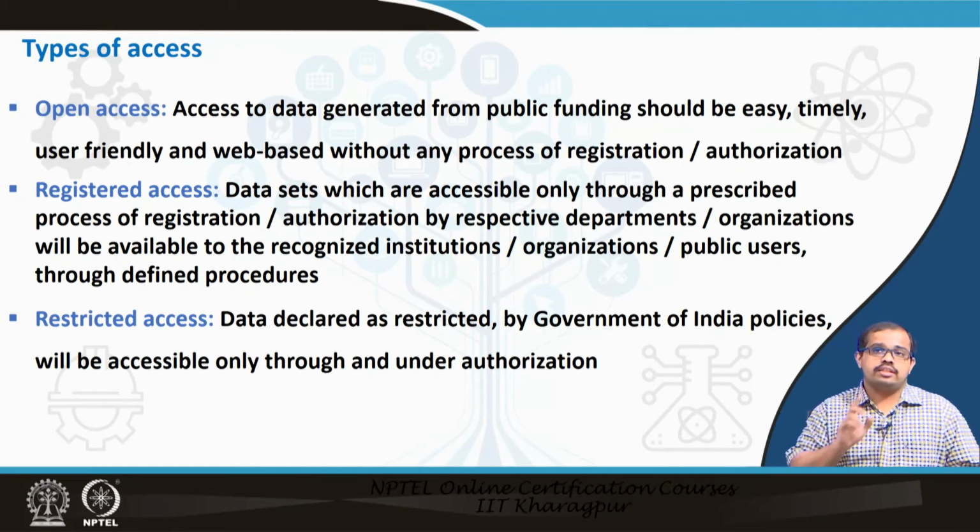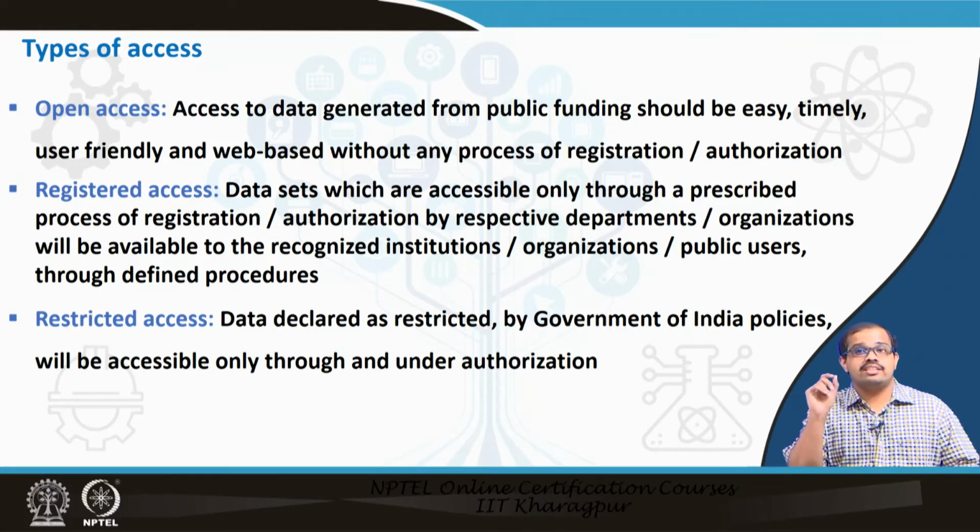And when we look at the policy, it also defines very clearly the type of access that is there. For example, open access. When I say open access, the access to data generated by public funding should be easy, timely and user friendly and web based, without any process of registration and authorization.